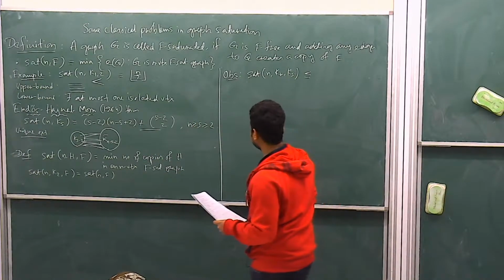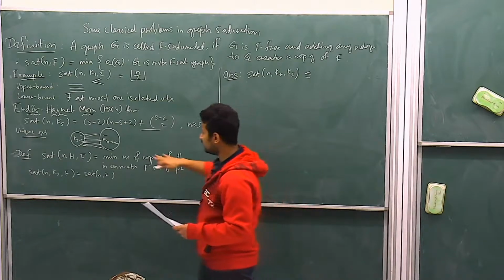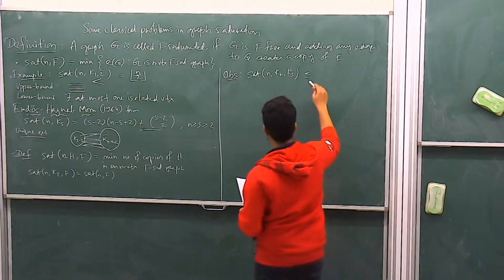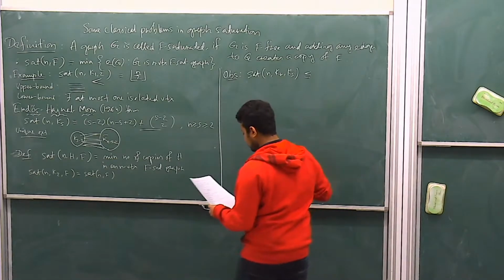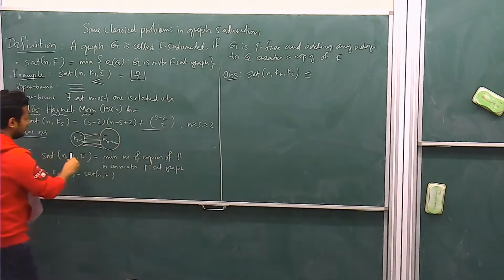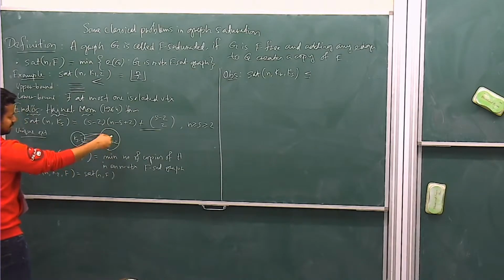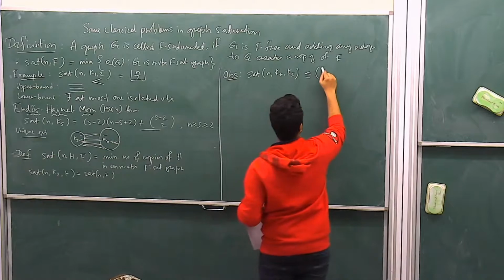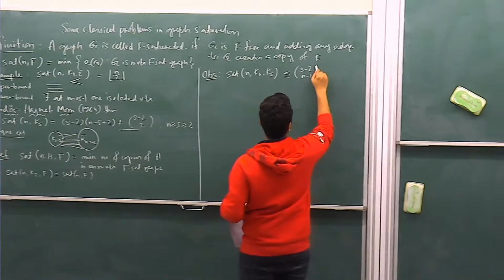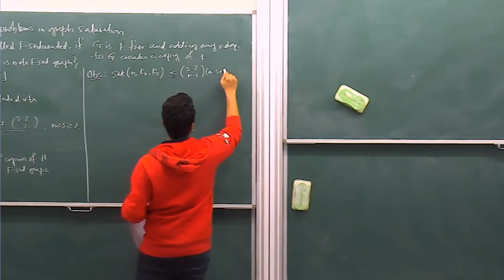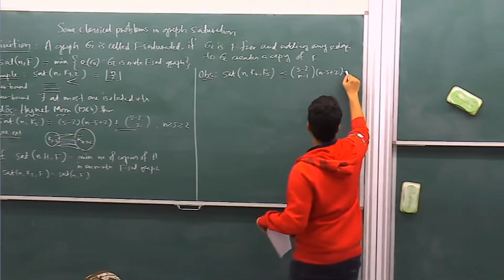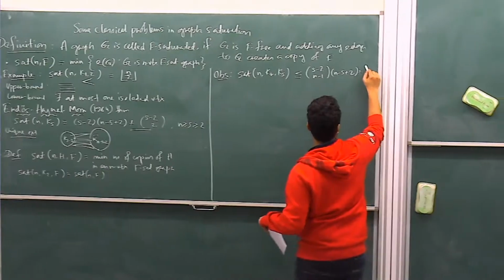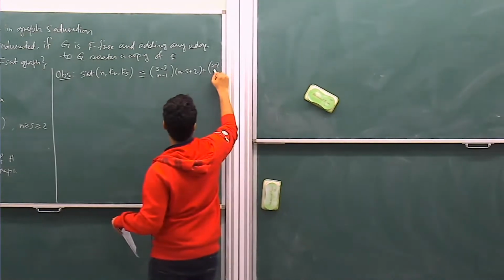To get an upper bound we need to count the number of copies of K_r here. You can choose one vertex from this independent set and r-1 vertices from the clique. That number is C(s-2, r-1) times (n-s+2), plus also the number of cliques of size r inside that K_{s-2} clique, which is C(s-2, r).